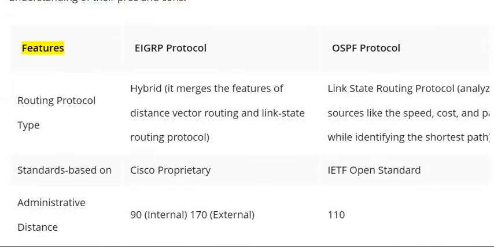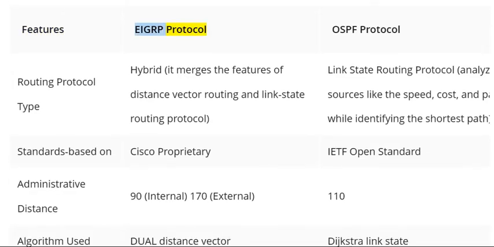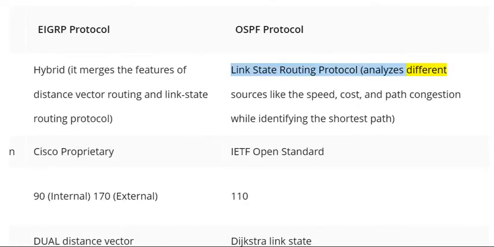Features: EIGRP protocol, OSPF protocol. Routing protocol type: EIGRP is hybrid. It merges the features of distance vector routing and link state routing protocol. OSPF is a link state routing protocol that analyzes different sources like the speed, cost, and path congestion while identifying the shortest path.